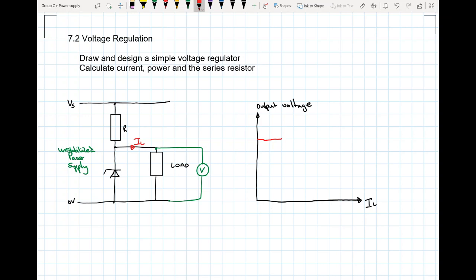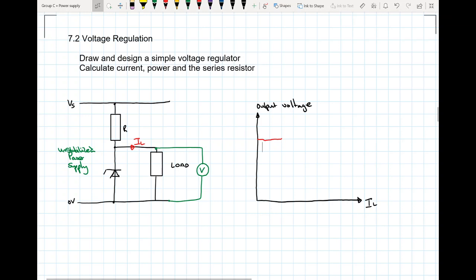However, if we start making the value of the load too small and the current increases too much, then all of the current starts coming down through the load, and there is insufficient current to keep the Zener diode turned on, which means we basically get a potential divider between the load value and this resistor.